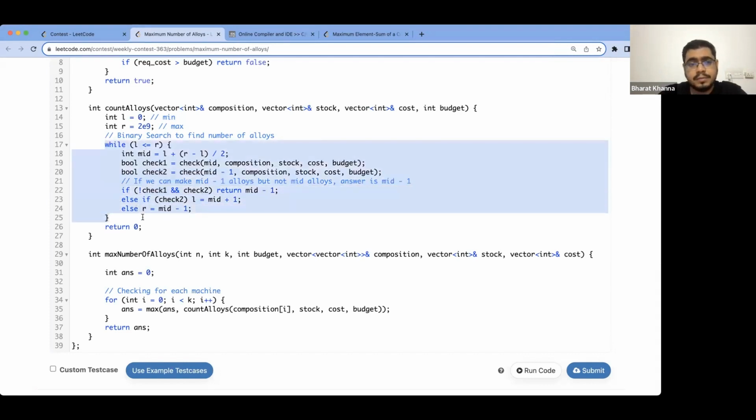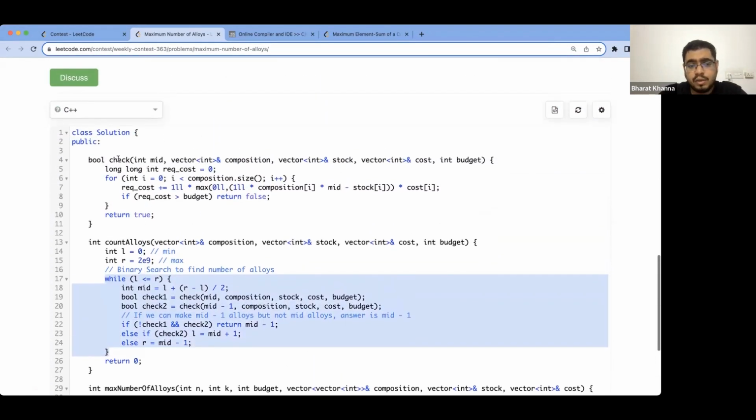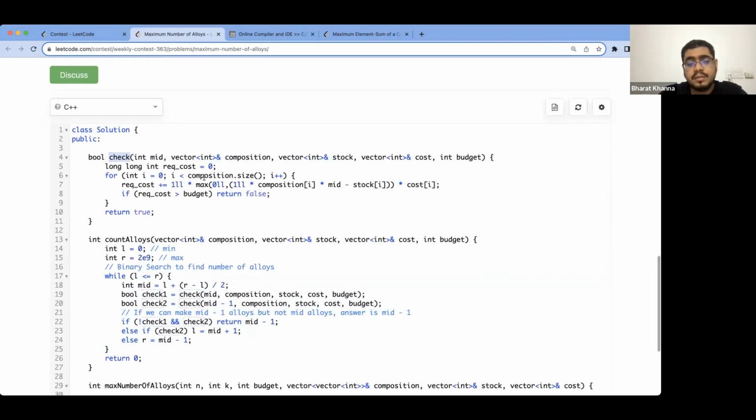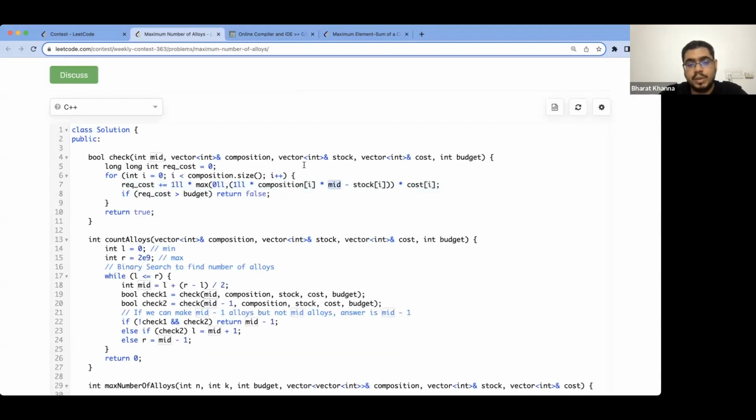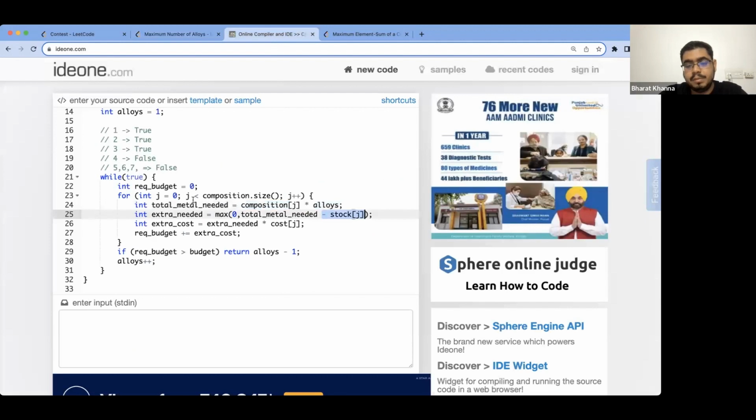How this binary search is working? Let's quickly look at our check function also. So what I've done, again, gone over each of the metals. This into how many alloys we wanted to make, multiplication step. Composition of J into number of alloys we wanted to make. Composition of I into number of alloys we want to make. Minus stock I, this step, max with 0.